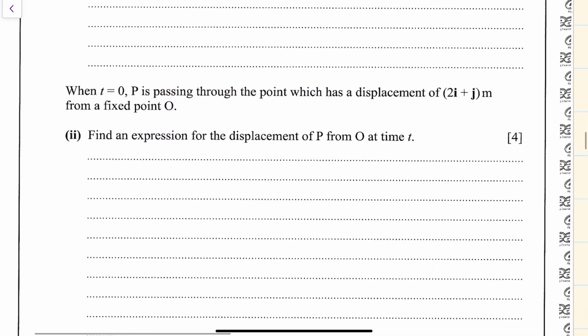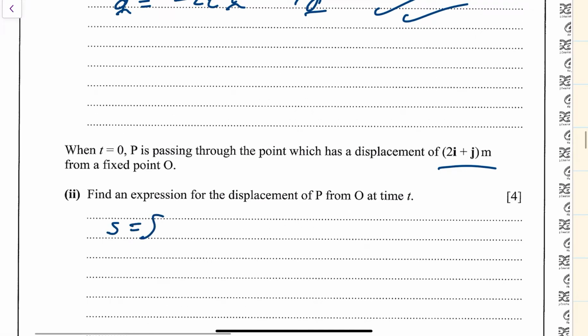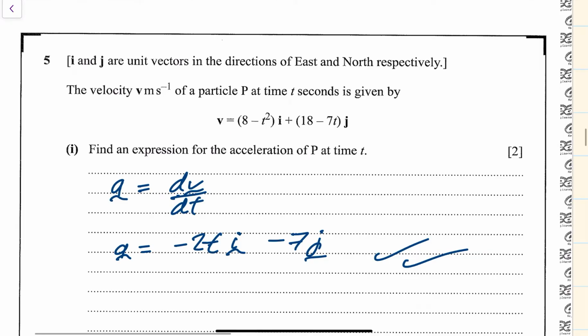Okay, it says when t equals 0, the particle is passing through a point which has a displacement. So that's your initial displacement. Find an expression for the displacement of P from O at a time t. So to get your s, you've got to integrate your v with respect to t. Integrate this bit, you'll get 8t minus t cubed over 3.